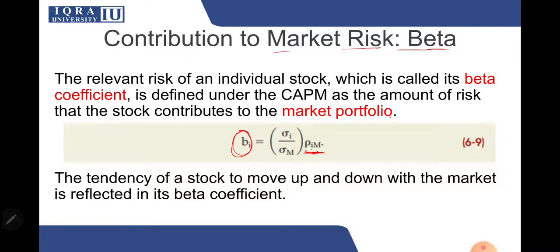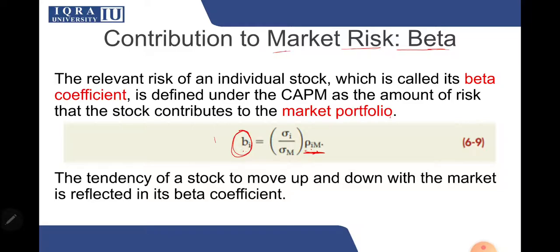So the combination of stocks is such that the diversifiable risk has been diversified away, then the relevant risk measure will only be beta, which is the tendency of how that stock moves relative to the market.